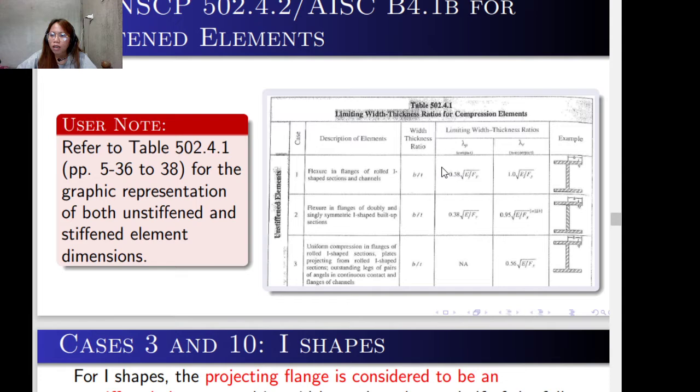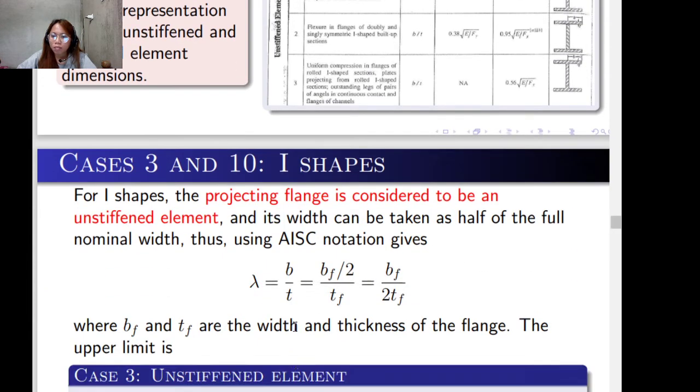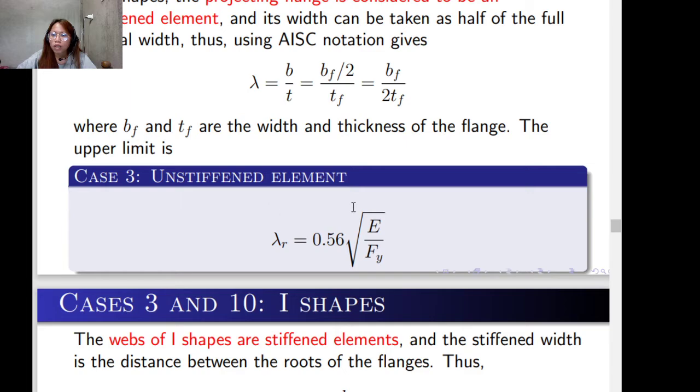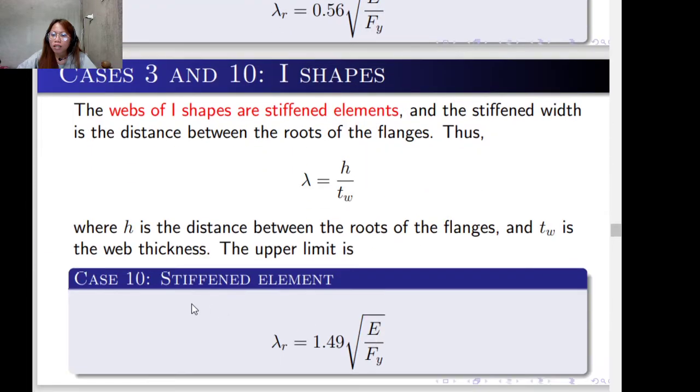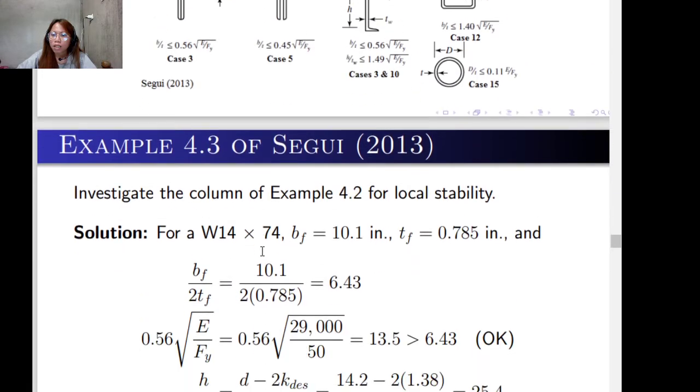So if your lambda will not exceed this limiting value for compact and non-compact, meaning you have to use this provision for unstiffened element and stiffened element, meaning the column.